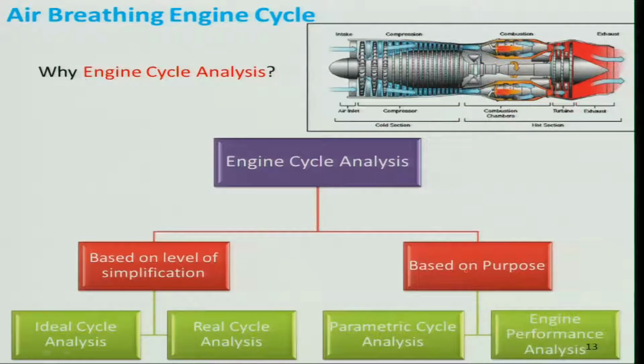That is known as off design analysis, what we call engine performance analysis, and this parametric cycle analysis is known as on design analysis, because we have not designed yet, but for designing we look at it.